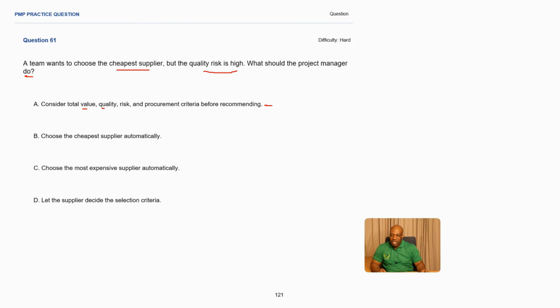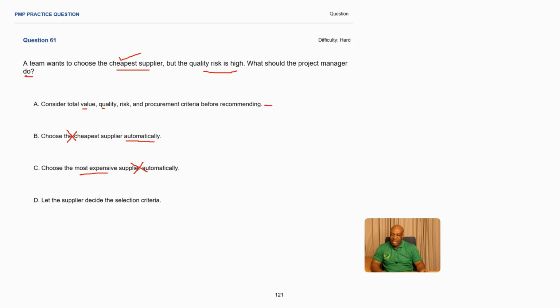B, choose the cheapest supplier automatically. As a project manager, you don't do things automatically. There must be some human intervention to assess the situation, making this one incorrect. Then C, choose the most expensive supplier. The team is asking for the cheapest supplier, so as a project manager, you cannot just go and choose the expensive supplier, making this one incorrect.